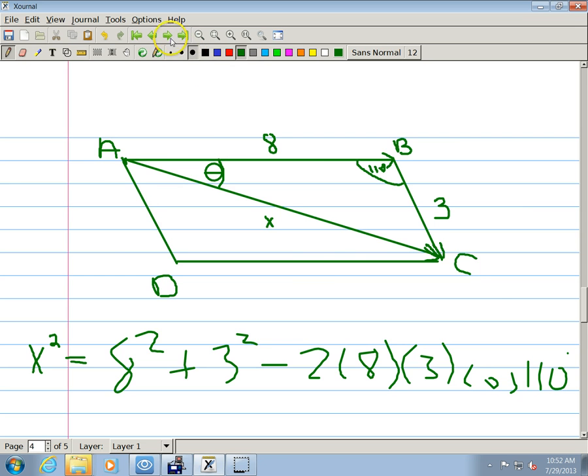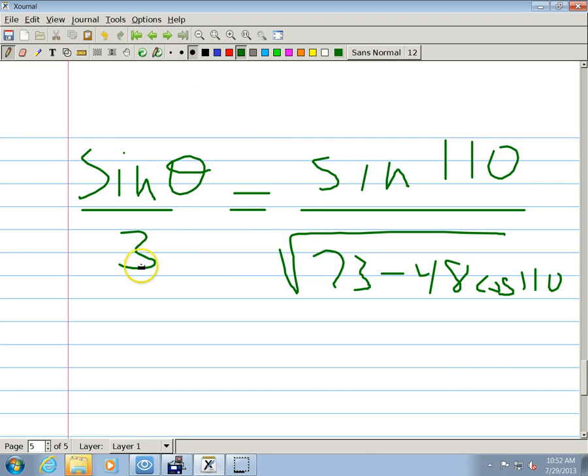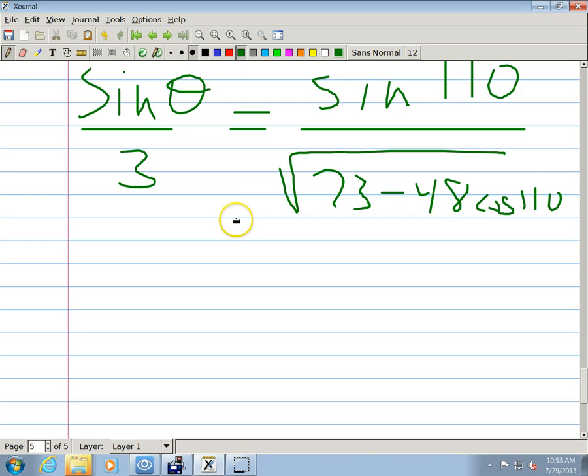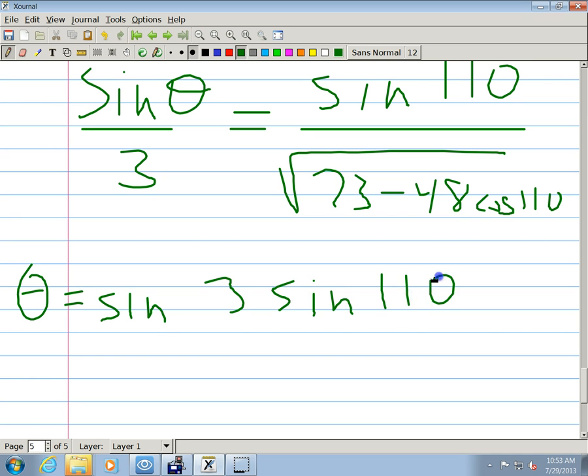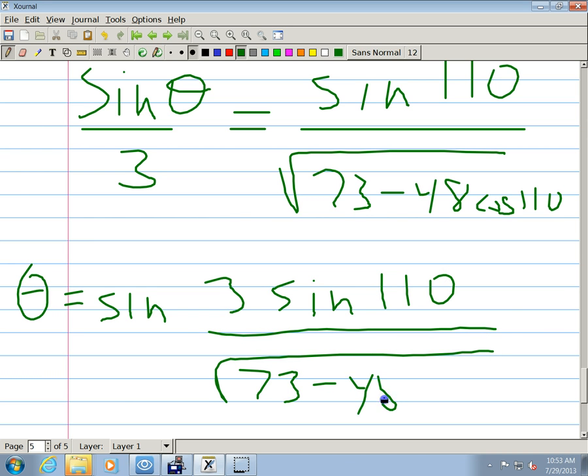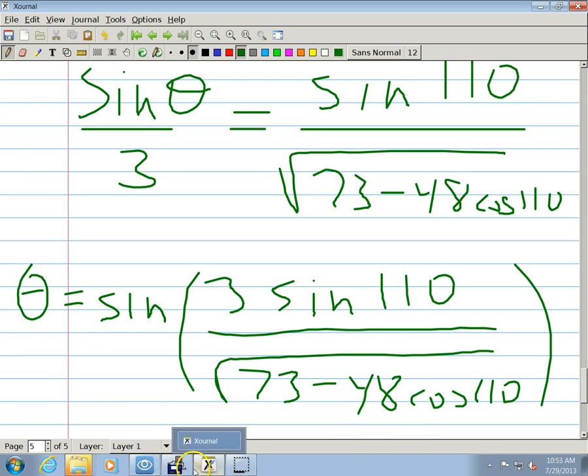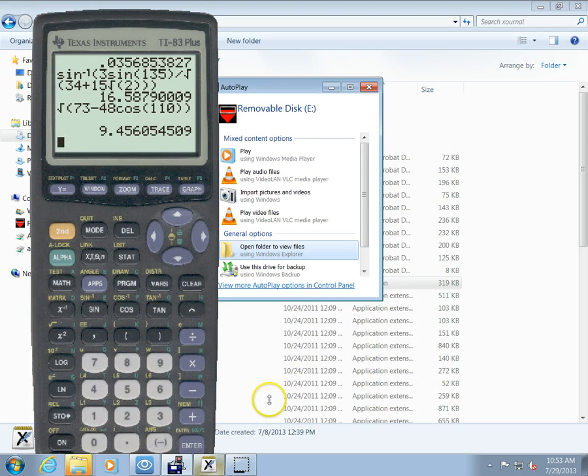All right, so did we get the angle? No, but we're going to do it by multiplying by 3 and arc sine again. So theta is the arc sine of 3 times the sine of 110 over the square root of 73 minus 48 cosine of 110. Let's see how many degrees that is. I'm in degree mode today for whatever reason.